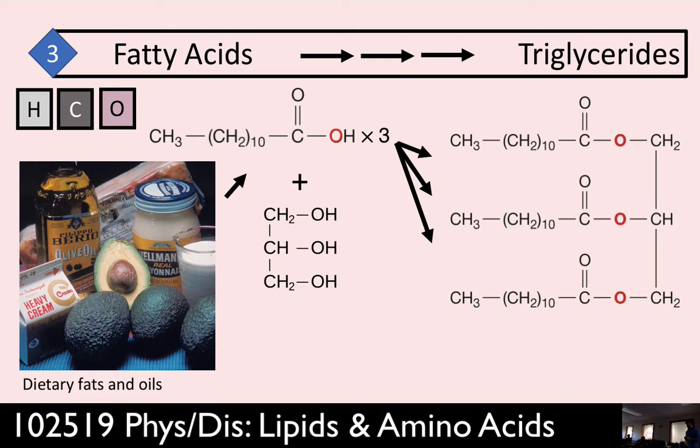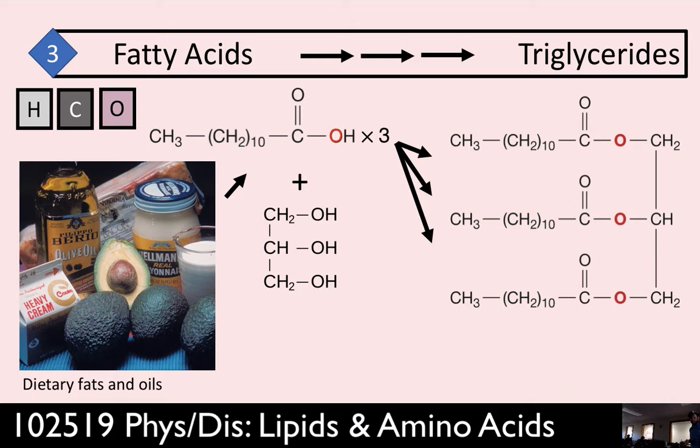All right. So triglycerides. When you get your blood tests done as you get older and you start doing preventative medicine, you go for your checkup, they draw some blood, and they look at the blood lipids to determine how healthy you are. One of the things they look at is what's your triglyceride level? What kinds of triglycerides? That sort of thing. Okay. This is what they're talking about.